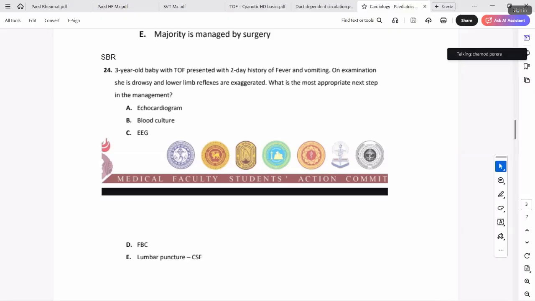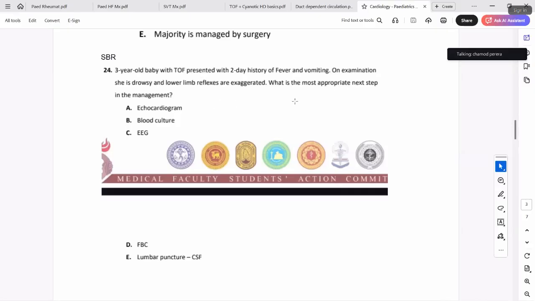The classical site of thrombosis is the cerebral venous sinuses, and out of those, the transverse sinus is the most classic site of thrombosis. So this is a classic history of a child who has cerebral venous sinus thrombosis.